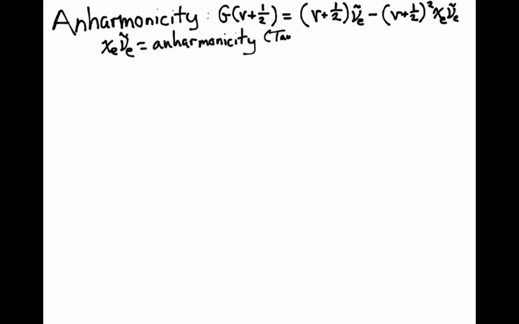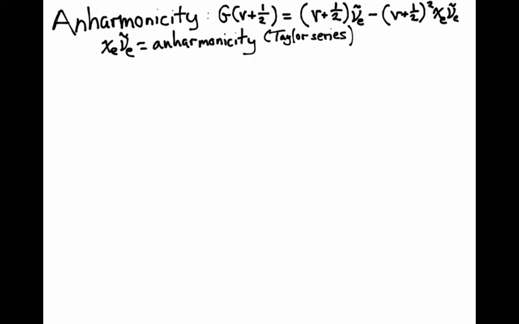And this is a classic Taylor series. So I've got a term that's linear in this variable, which in this case is the quantum number, v plus a half. And then there's a term that's quadratic, and we expect that xe nu e is going to be quite small compared to nu e.